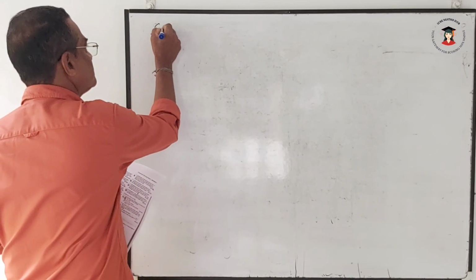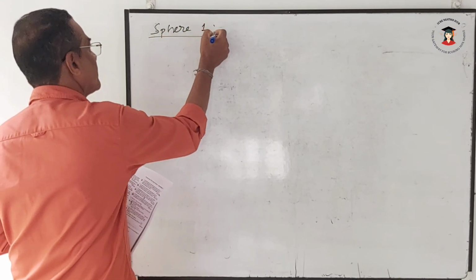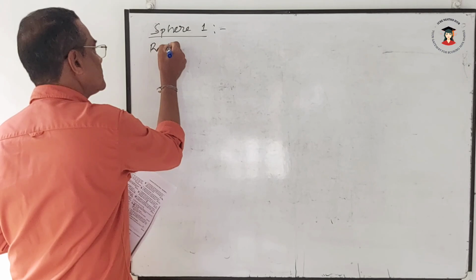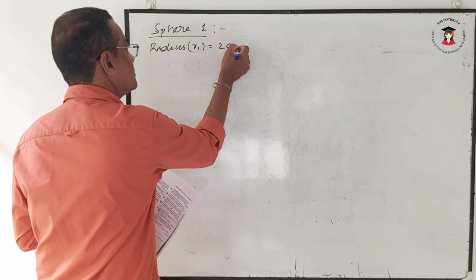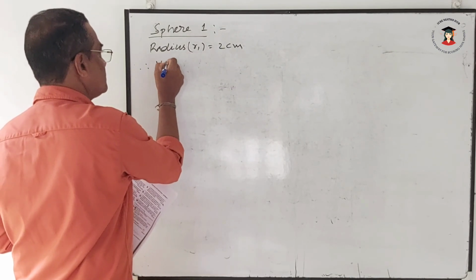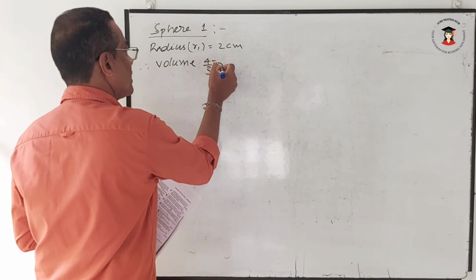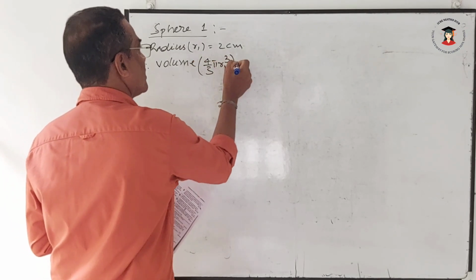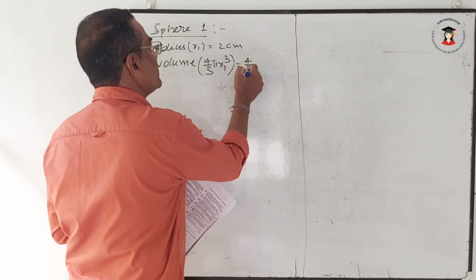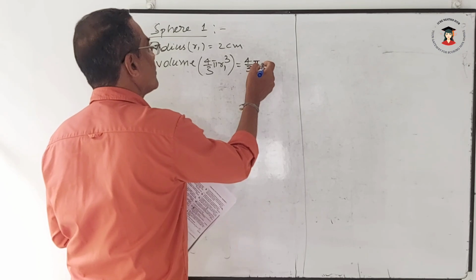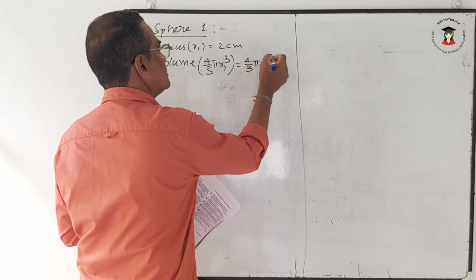Sphere 1, radius R1 equal to 2 centimeter. Therefore its volume is 4 by 3 pi R1 cube, equal to 4 by 3 pi into 2 cube.